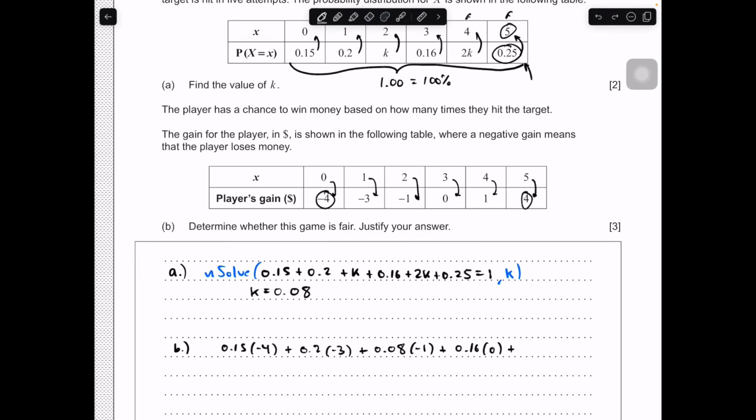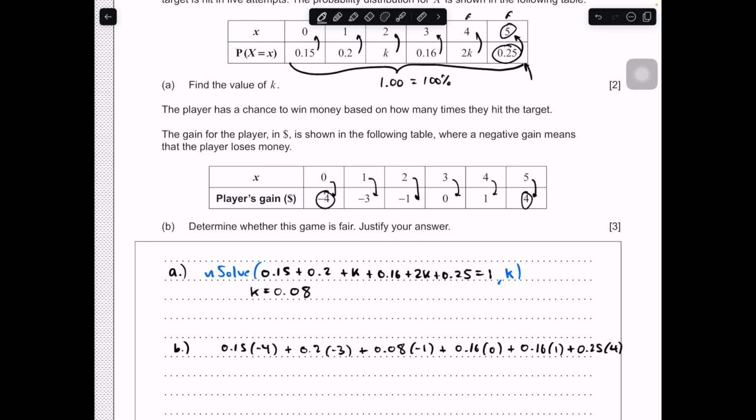Whoops, let's rearrange this. 0.08 times 2 would be a 0.16 chance of, in this case, gaining $1. And lastly, a 25% chance of winning $4. If we sum all of this up, this would be our expected return, our expected winnings or losses. And if this equals 0, then the game is fair.